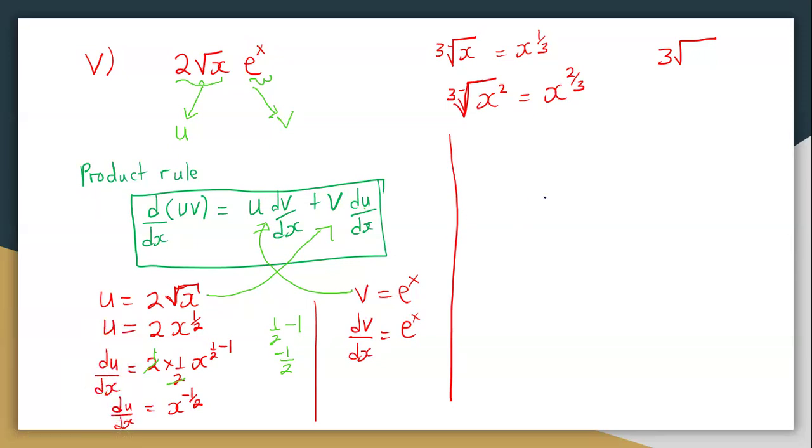So when I come back to substitute, I'll have my u here. My u we chose was 2 root of x. Then what is our dv/dx? dv/dx, we have e^x plus my v, which was e^x, times u's derivative du/dx, which is x to the power negative a half.